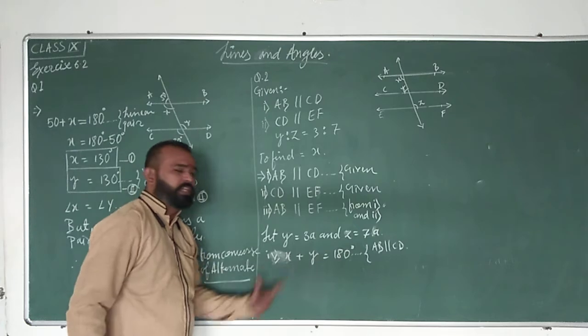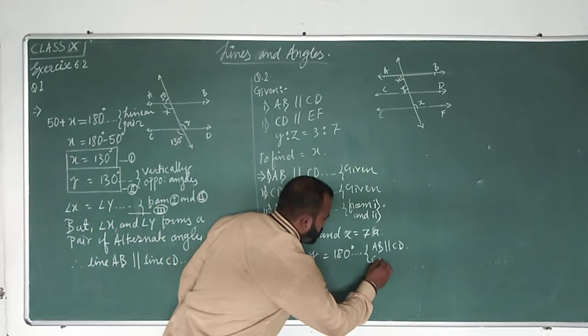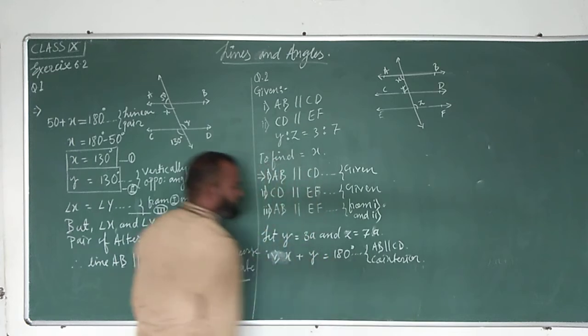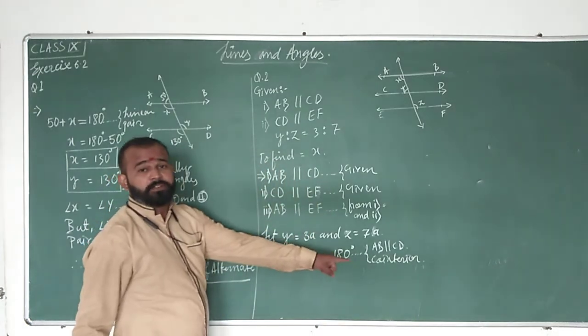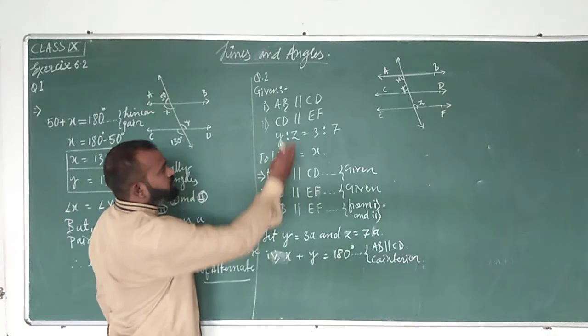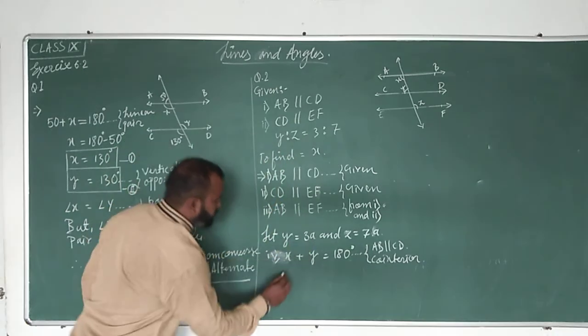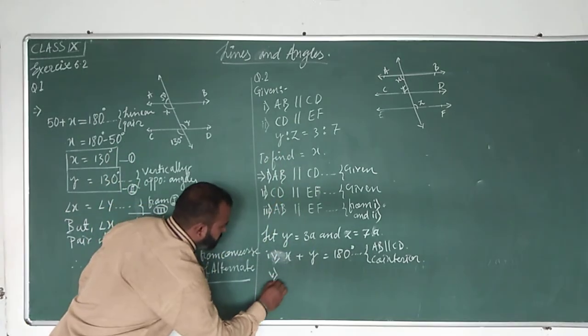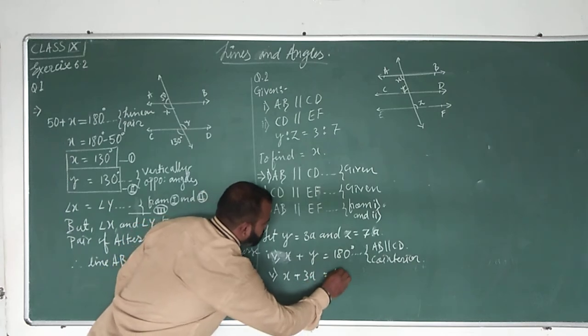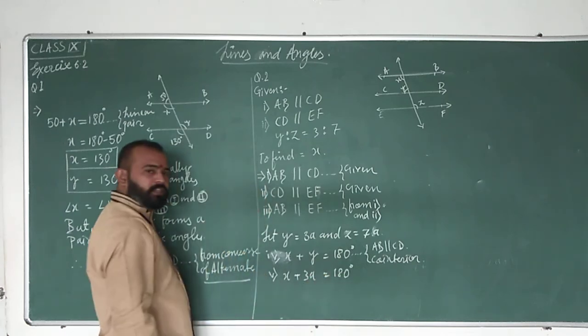They are co-interior angles. Reasons are a must. What about x? X is nothing. What about y? Y we can write 3a. Therefore, x plus 3a is equal to 180 degree.